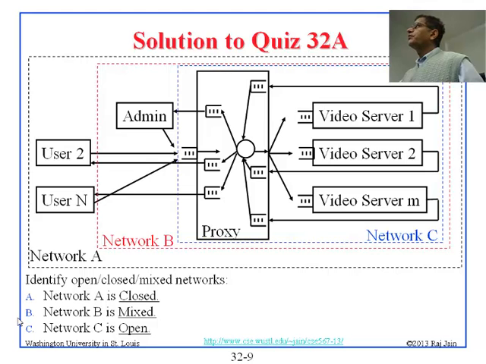When you are considering B, you really don't know where they're going, but they're going into B. They're coming out of B. They're going out of B, coming into B. User is outside the system, and that's why this is a mixed one actually, because admin is inside. So there are two grades of administration and the users here, two classes of users.